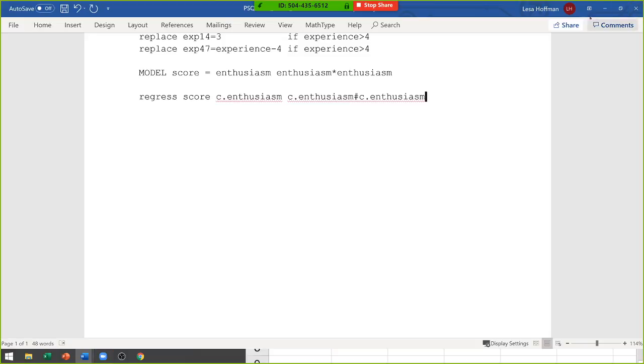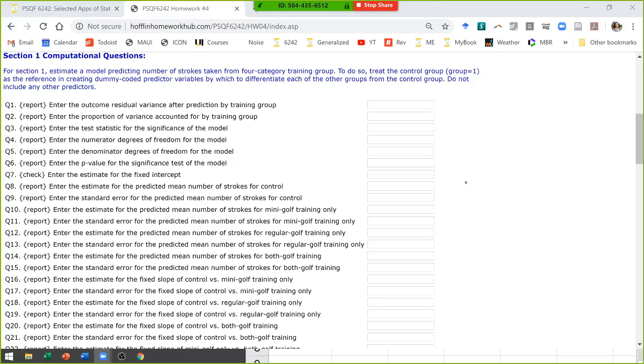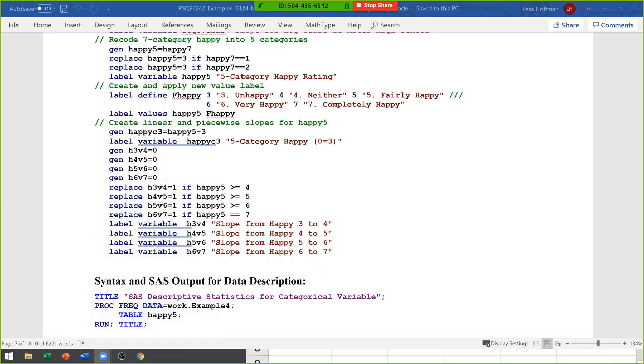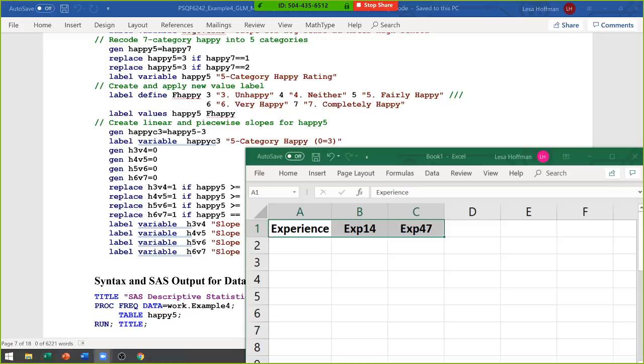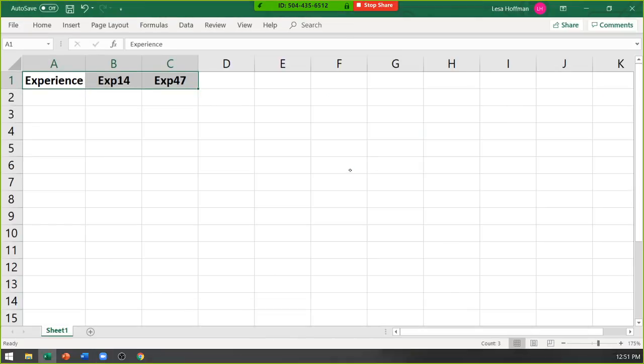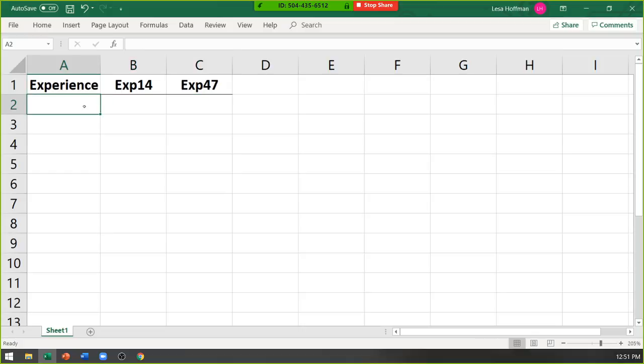All right, so let me pull up Excel here. I'm going to do some typing. So in the original data set, there is a variable called experience with mini golf that takes on these possible values.